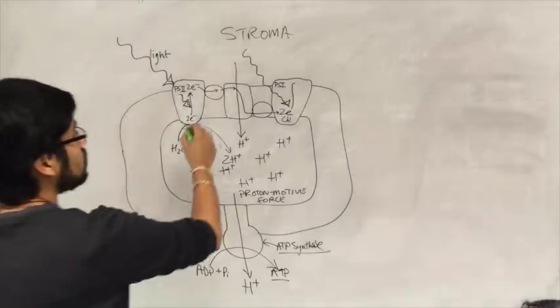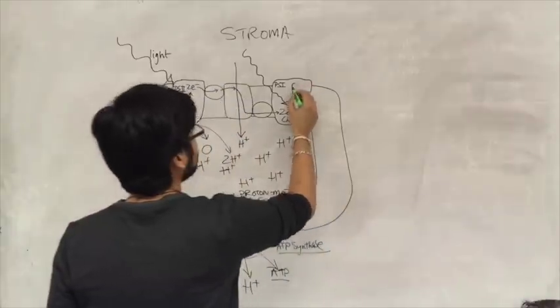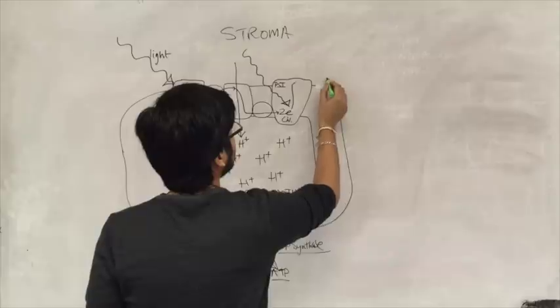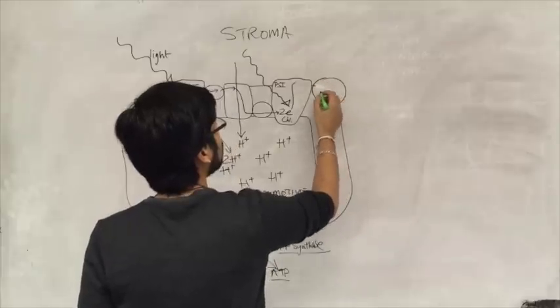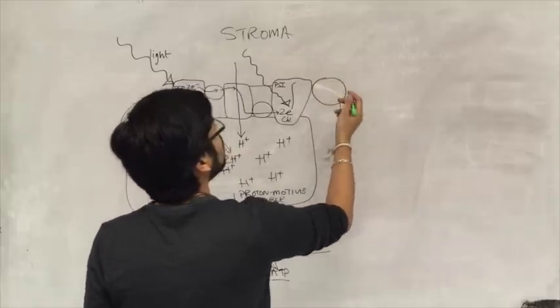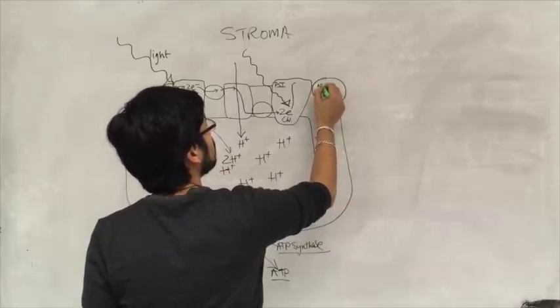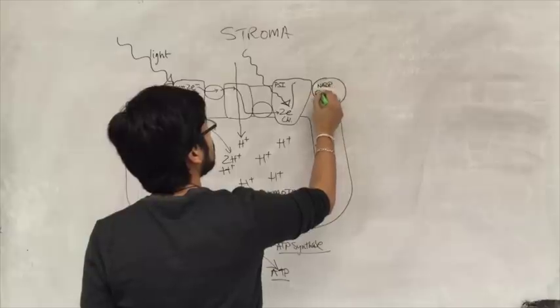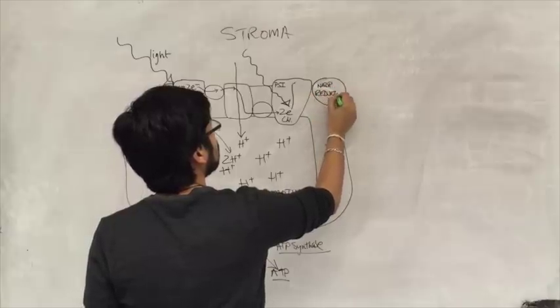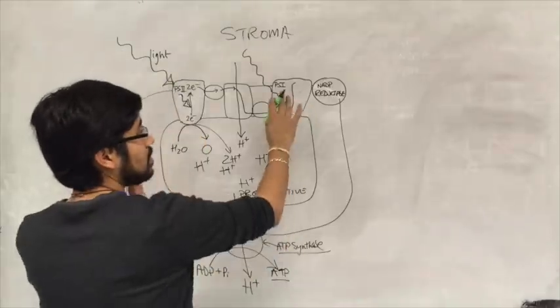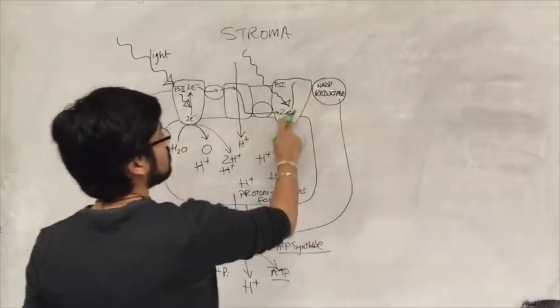Maybe I'll just draw another protein here, a protein called NADP reductase. I don't think you need to know the name of this, but it's just there so that I can explain what happens to these electrons.